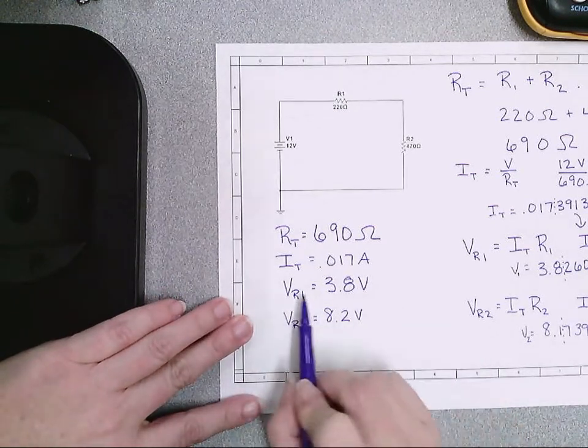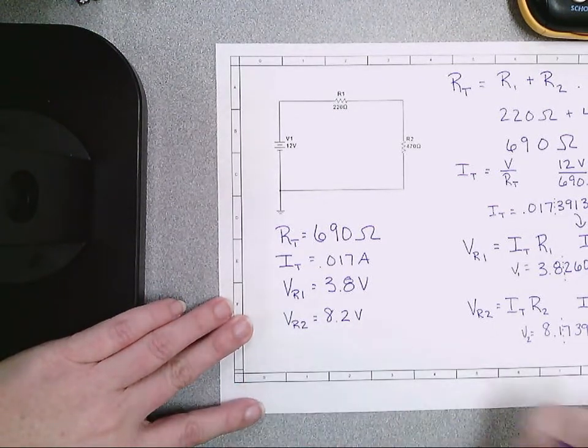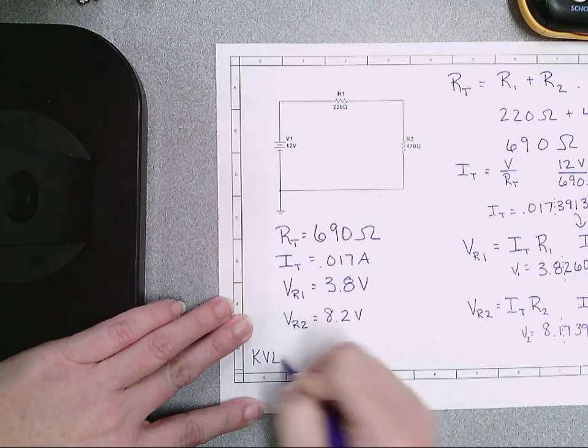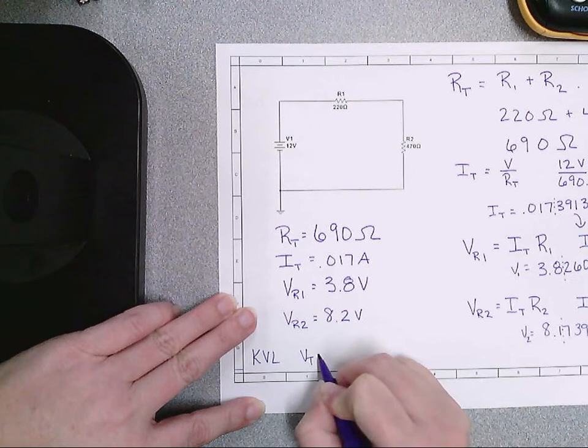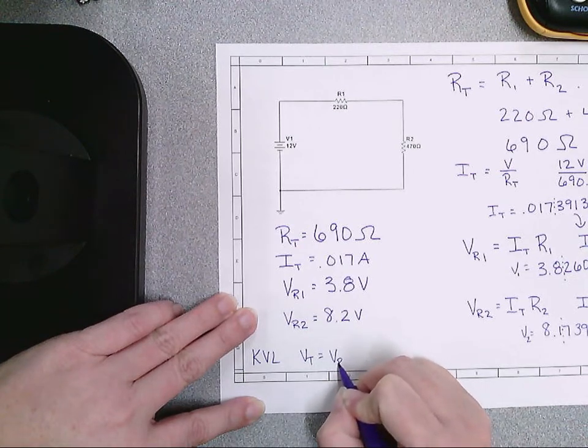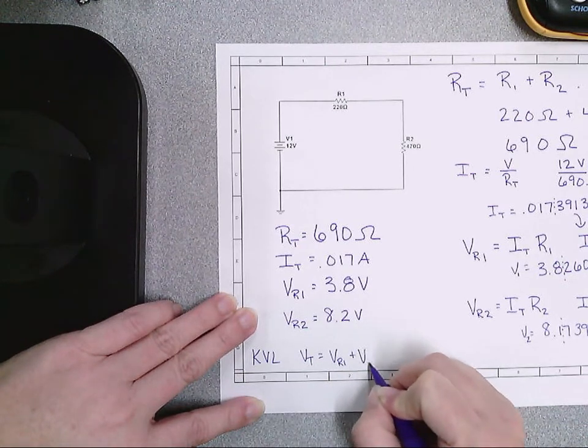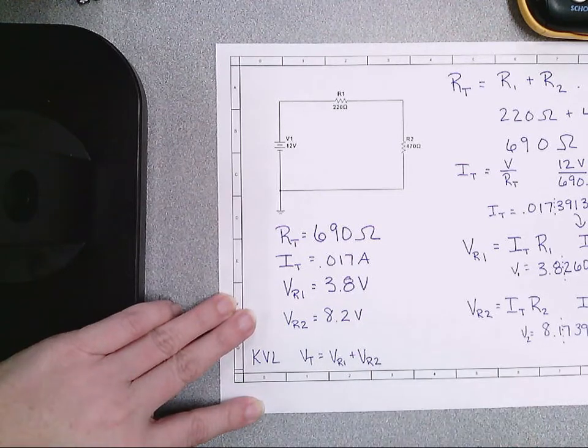Now, if we would like to verify using Kirchhoff's voltage law, what we are going to do is add what KVL tells us, that the total voltage is equal to the sum of the voltage at each resistor.